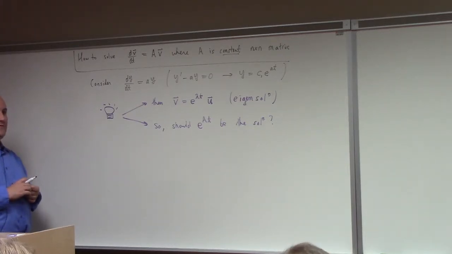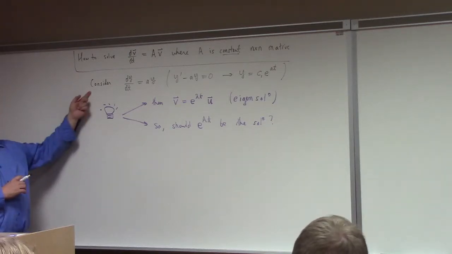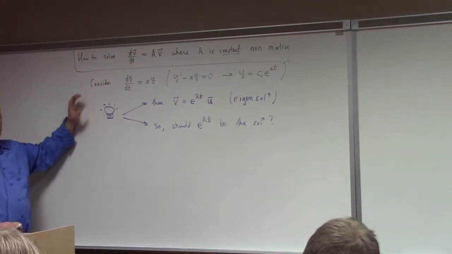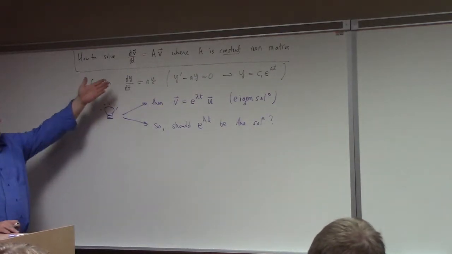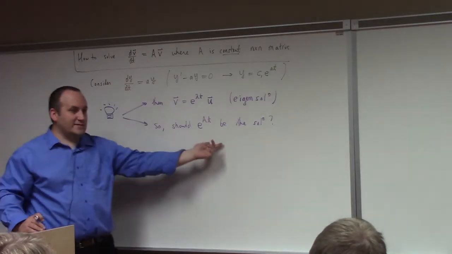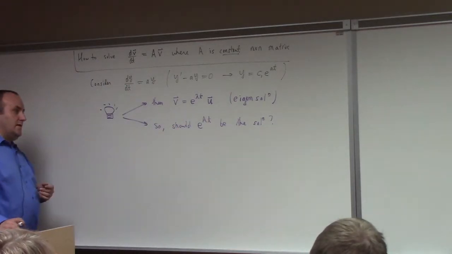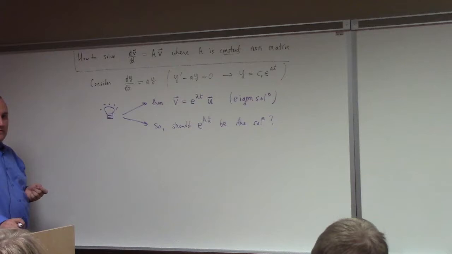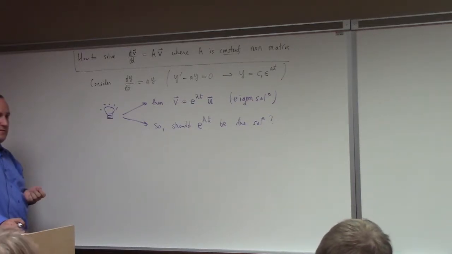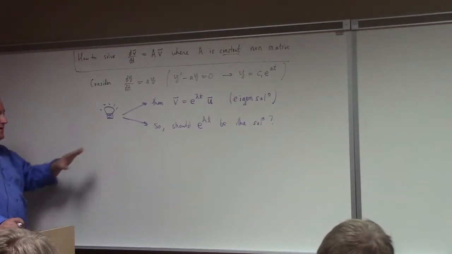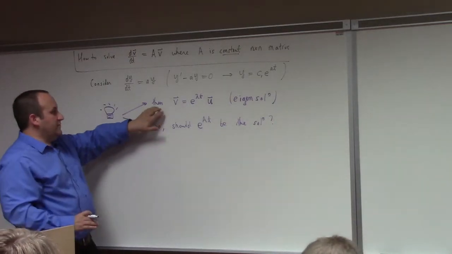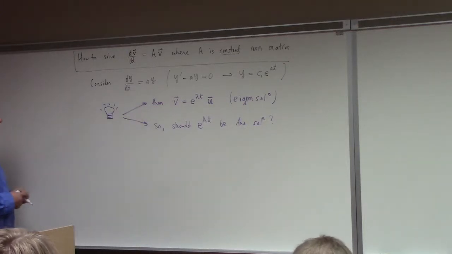It's the most natural analogy to what we already know from the case of just one differential equation with a constant: the exponential is the solution. So if A is a constant matrix, shouldn't e to the At be the solution? But what does that mean? How do you take the exponential of a matrix? Does that even make sense? I don't want to say more about that at the moment, but we'll come back to the second route. Mostly we're focused today on the first case, all right?